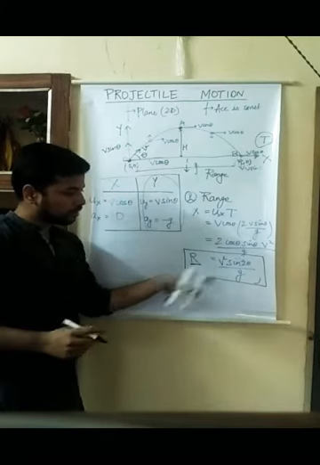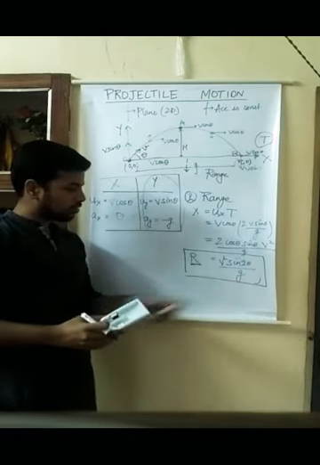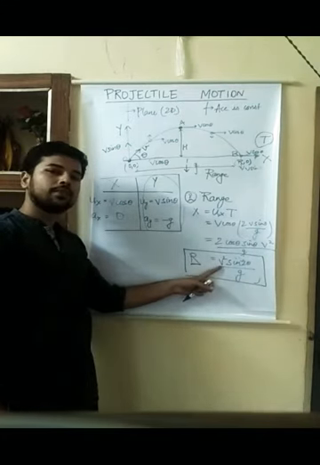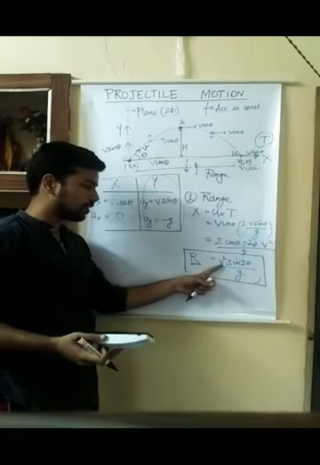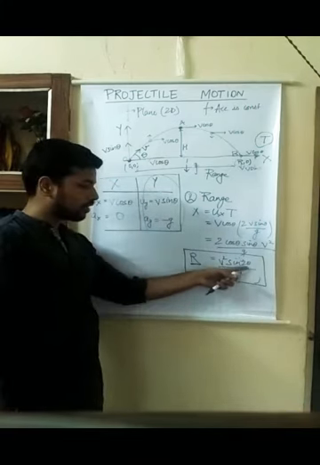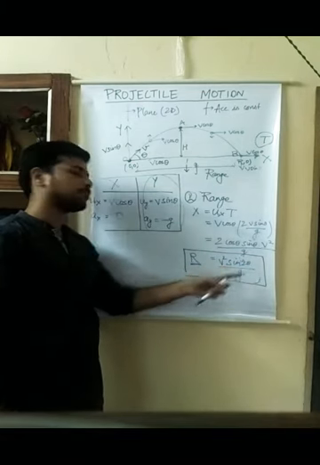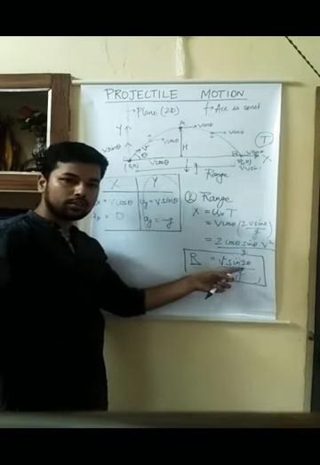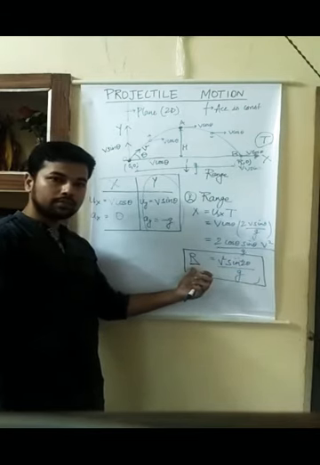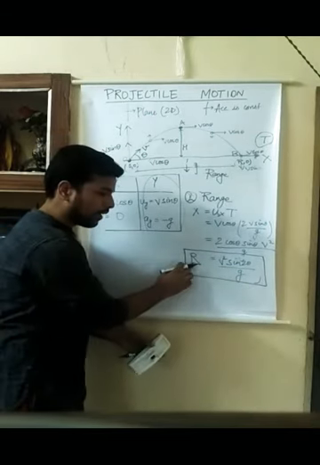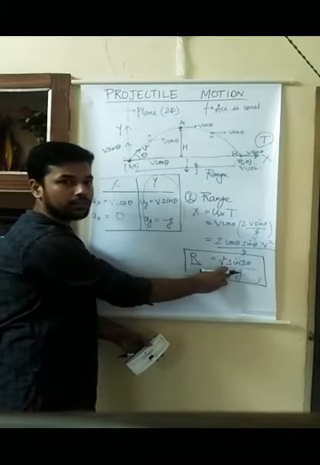To get the maximum range, v is already fixed, and g is fixed. The only thing that can change is sin 2 theta. The maximum value of sin 2 theta is 1, so the range would be maximum when sin 2 theta is 1.